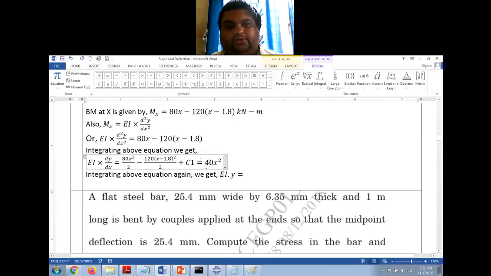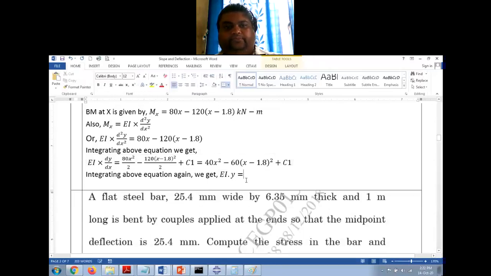So it becomes 40x square minus 120 by 2 is 60. So this will become 60 into x minus 1.8 whole square plus c, right? Now it's easy for me.